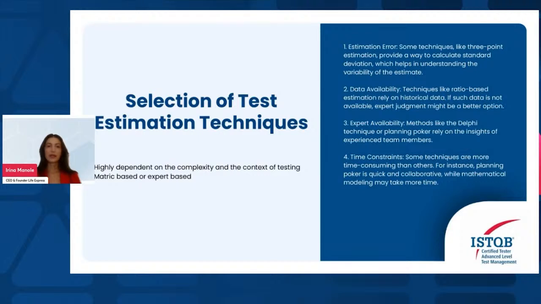For instance, planning poker is quick and collaborative, while mathematical modeling might take more time. These factors reflect the fact that the selection criteria of the proper test estimation technique are highly dependent on the context of testing, and that in order to select the proper estimation technique, first the complexity and context of the topic has to be determined.